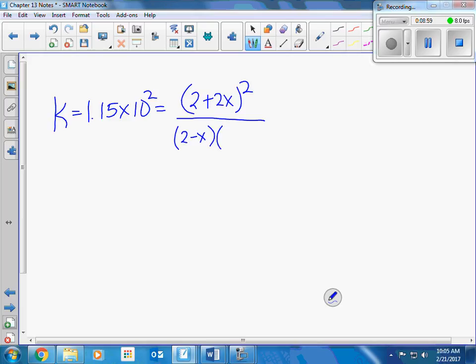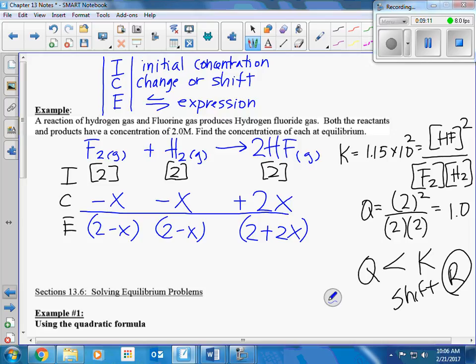My expression for my hydrogen gas was also 2 minus x. Now do I just go to town with algebra? Yes. The top is squared. We asked why the top is squared because of our expression right over here. You can see that it's hydrofluoric acid raised to the second power because the coefficient is 2. And then this is 1 and this is 1 because the coefficients are 1.